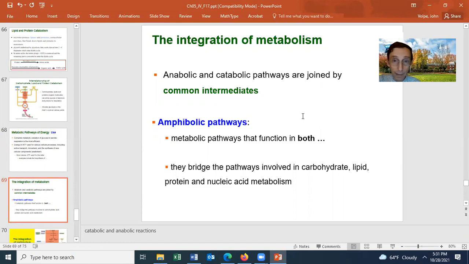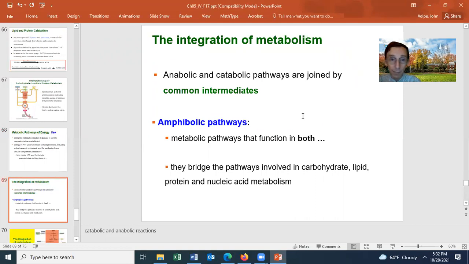In reality, they are not independent. The anabolic and catabolic pathways are actually joined by common intermediates, and many of these pathways can be amphibolic pathways, meaning that they can function both ways.